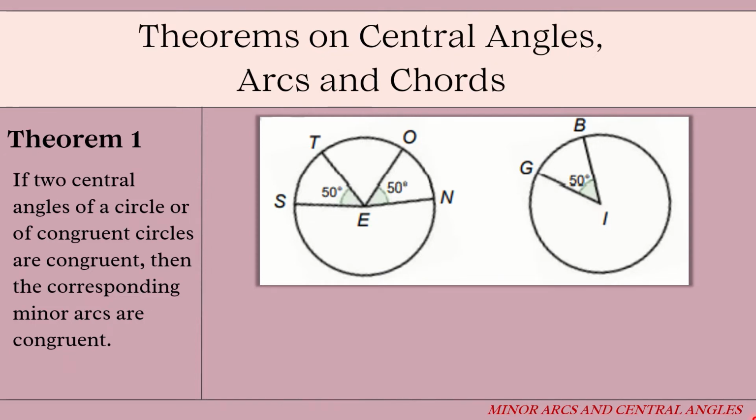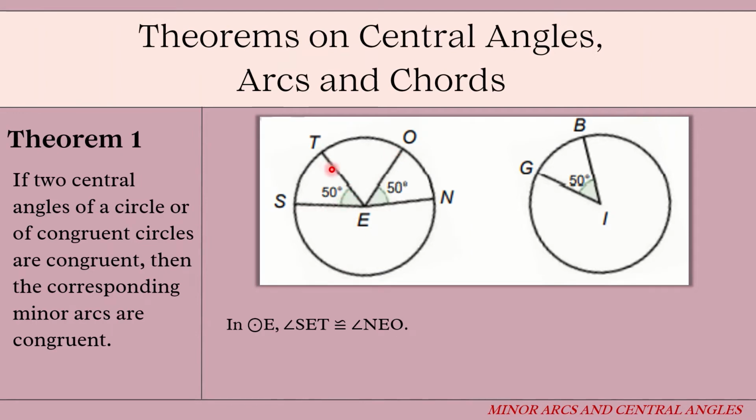The first theorem states that if two central angles of a circle or congruent circles are congruent, then the corresponding minor arcs are congruent. So in this theorem, makikita natin yung relationship between the minor arcs and the central angles. So tingnan natin yung first example. In circle E, we have angle SET is congruent to angle NEO. And it is evident kasi pareho sila ng degree measures.